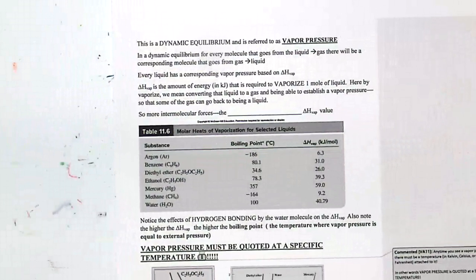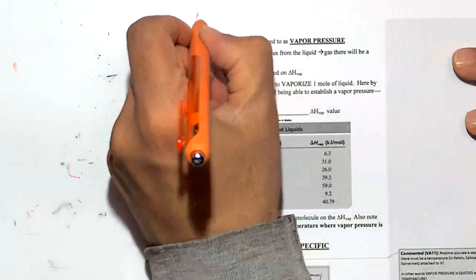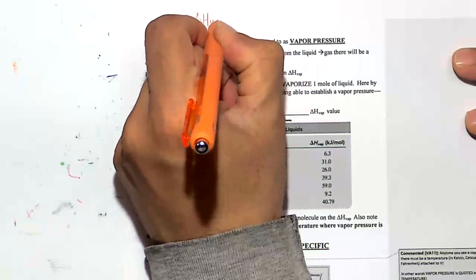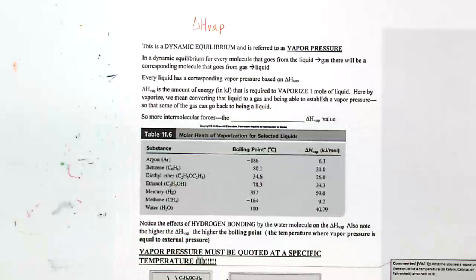There's another term with regards to vapor pressure, and that is delta H vaporization, or delta H vap. What is delta H vaporization? It's an energy.